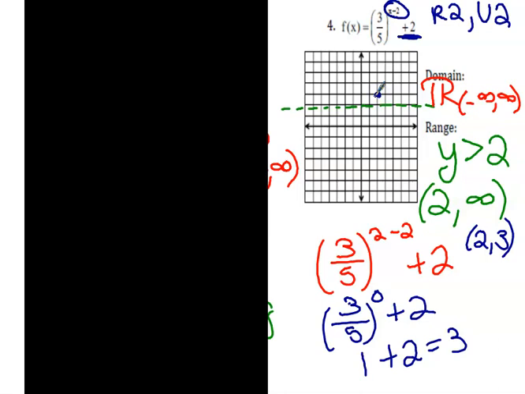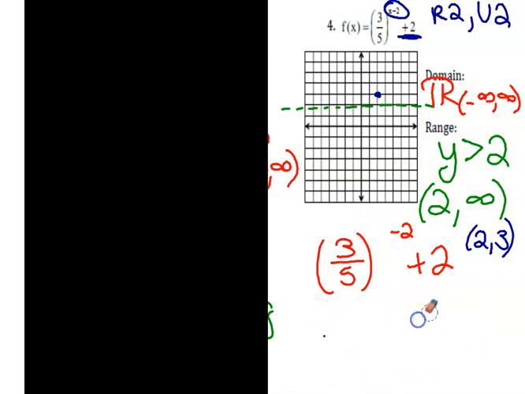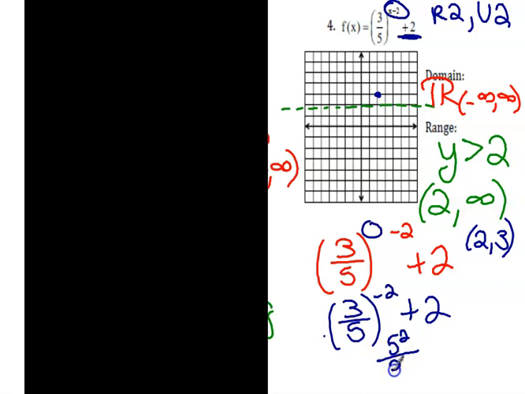Okay, what if I want to plug in, let's say I want to plug in 0 and see what happens. Okay, so if I plug in 0, I have 3/5 to the negative second plus 2. All right, well, what does the negative second do? Well, it flips this. So then I have 5 squared over 3 squared. Plus 2.